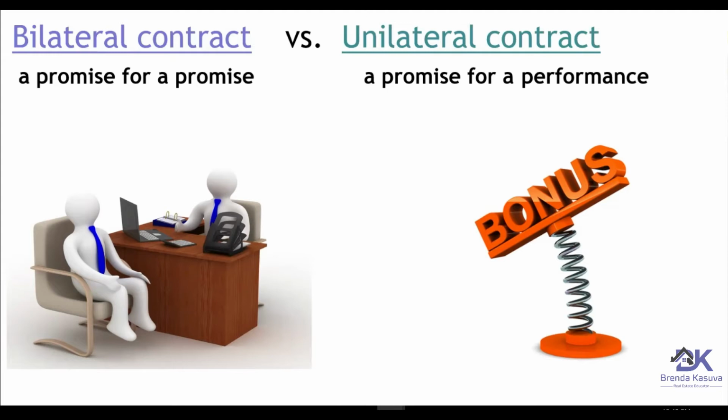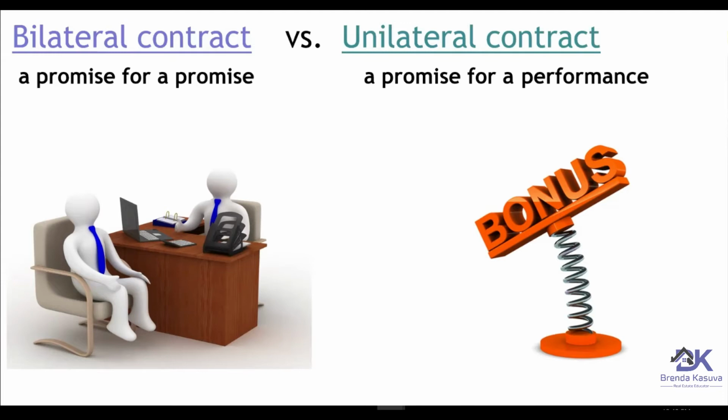And then unilateral. Unilateral would be the day when your boss says, hey, Marcus, okay, I don't know how many people work where you are. Let's assume it's 50 people, and your boss says for the month of September, anyone who does this, and this, and this, I'm going to give you a bonus of $3,000 for September.